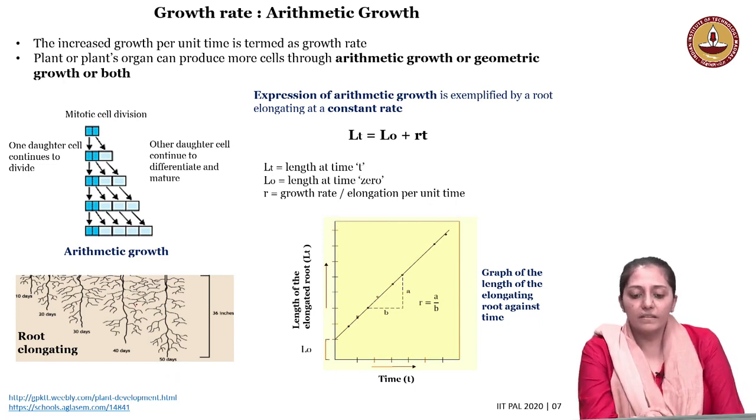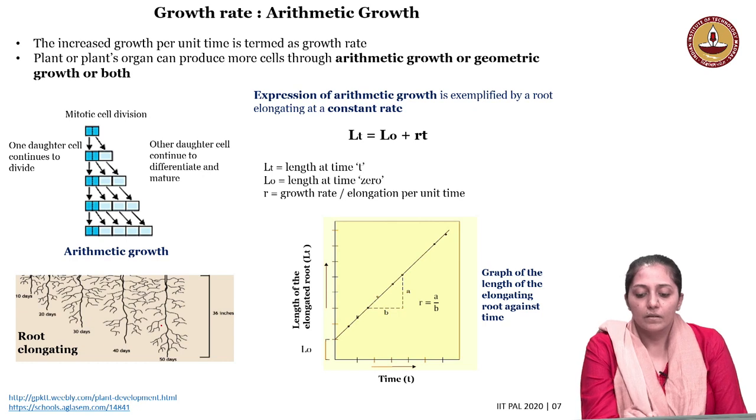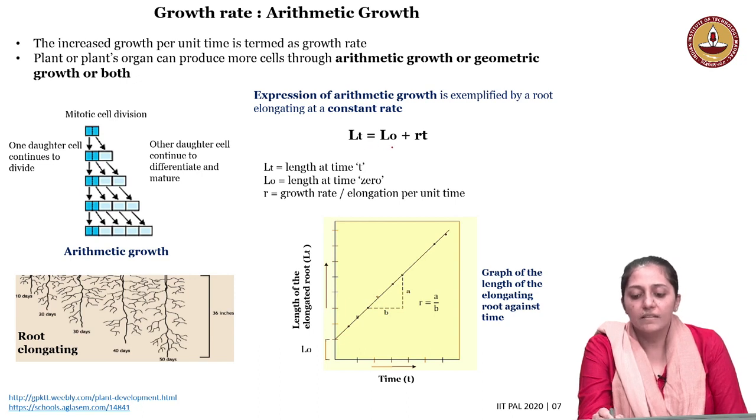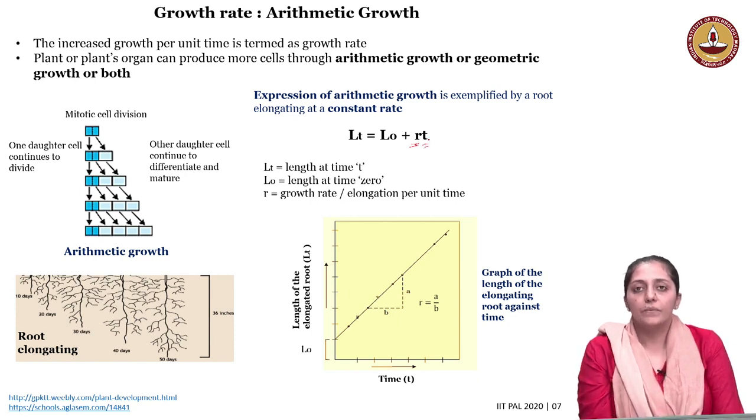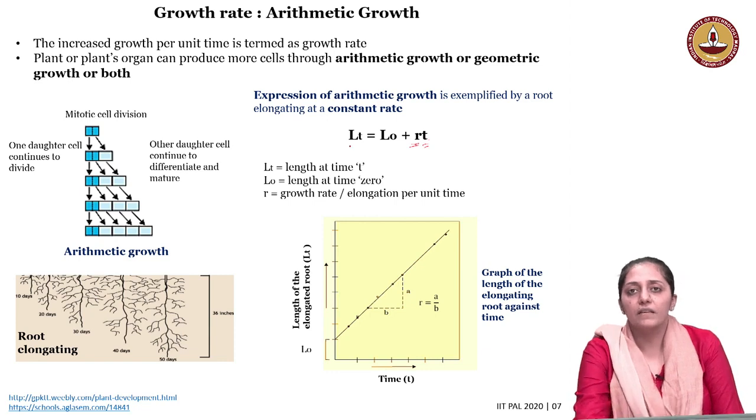If we want to depict the rate of growth in this root, we can use the expression for arithmetic growth happening at a constant rate, where the length of the root at any given time t can be given as the initial length of the root plus the rate at which the root is growing times the total time for which you want to determine the length.